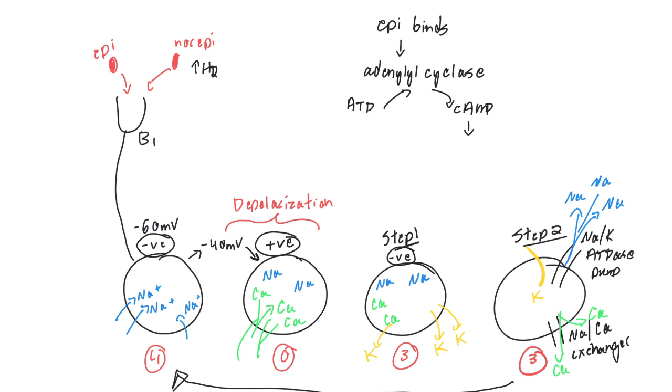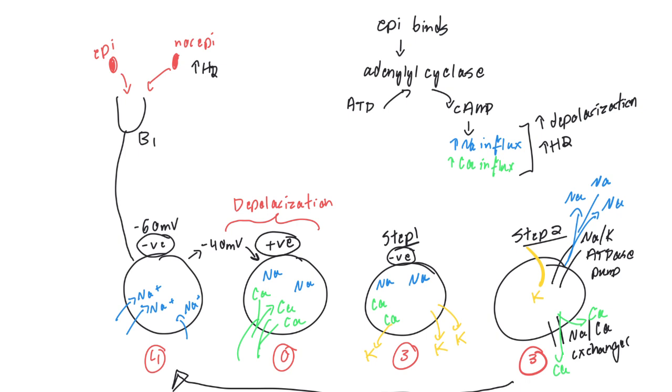And cyclic AMP actually increases sodium influx. It increases calcium influx. And therefore, you're going to have quicker depolarization, which is another way of saying a quicker heart rate, because the faster the pacemaker cell depolarizes, the faster the pacemaker cell fires, the faster the heart rate is going to be.